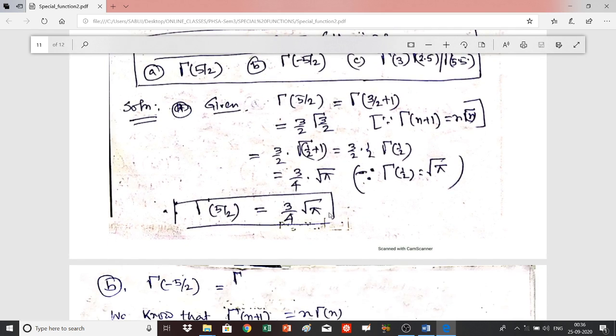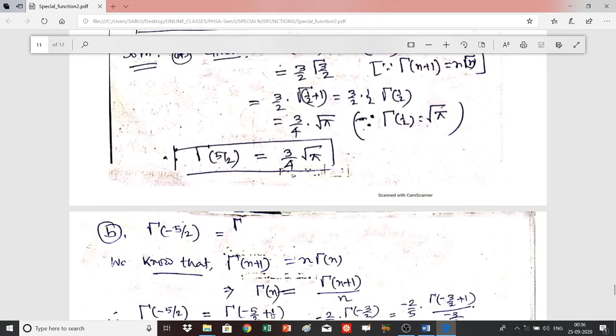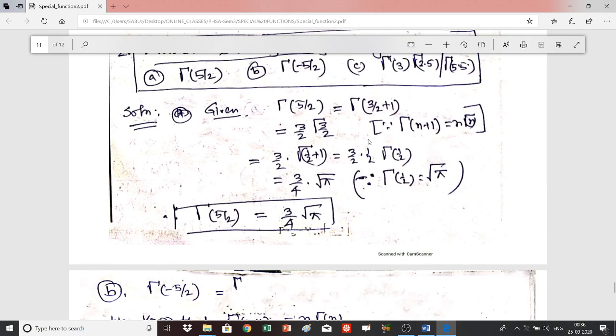And in the case of negative integers, you know that gamma n plus 1 is equal to n gamma n, and from here gamma n is equal to gamma n plus 1 by n. Just employ this relation to find the value for negative integers. So here is the first calculation.